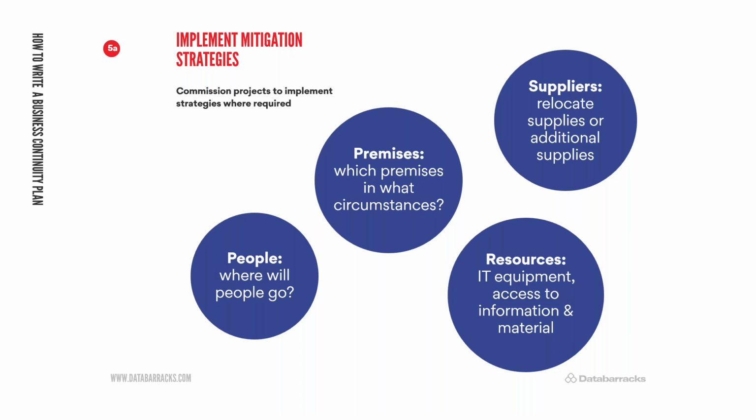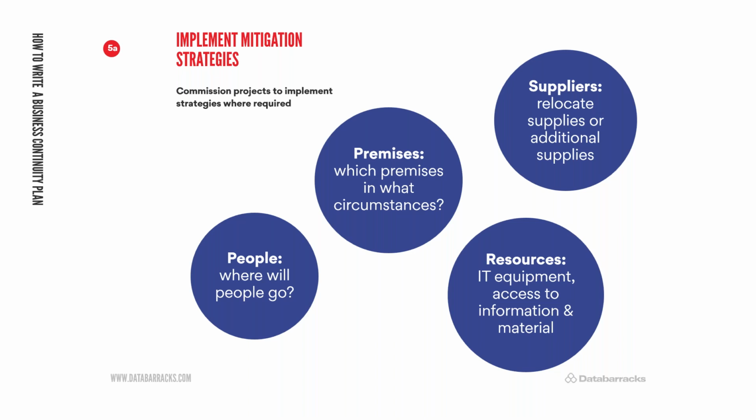You need to know if you need alternate suppliers and how you would arrange to get the services from those suppliers if they go into some form of disruption themselves. And we've seen this significantly in the last 12 months or so, where there have been a number of supply chain cyber attacks, and that's caused quite significant disruption. So suppliers is definitely a key component.